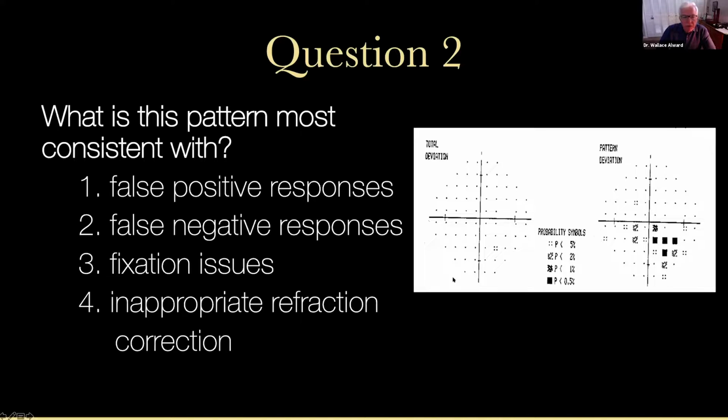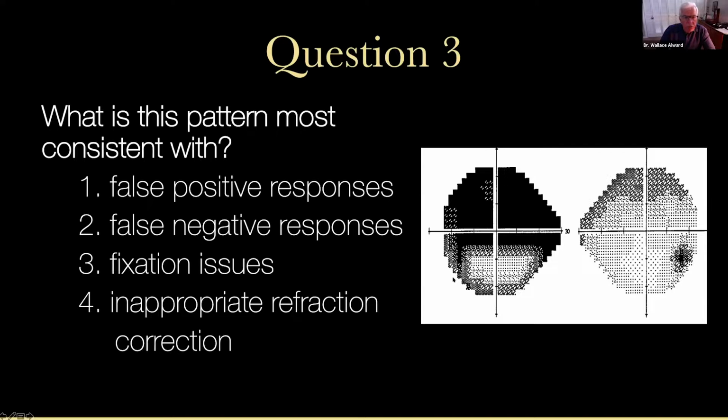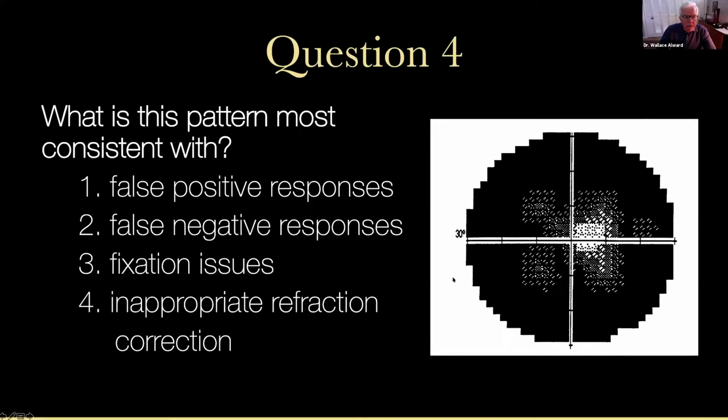False positive responses, false negative responses, fixation issues, or inappropriate refraction correction. Same choices for this question and the last question. What is this pattern most consistent with? Again, false positives, false negatives, fixation issues, inappropriate refraction. And lastly, what is this pattern most consistent with? Same 4 choices.